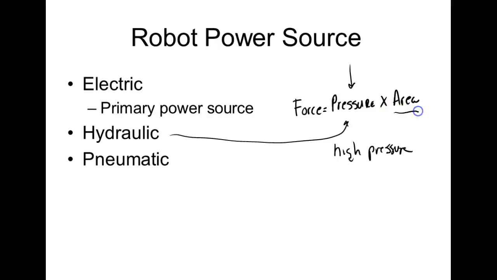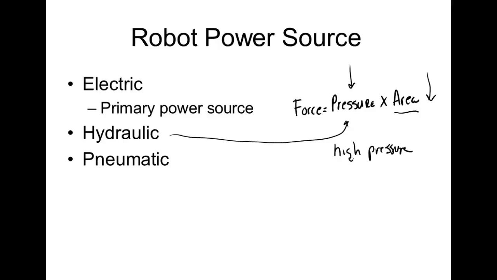That means the actuator's area can be smaller to produce the same force, right? What's nice about hydraulics is the size of the actuators. I could generate the same force with pneumatics. It's just that the actuators would have to be what? Real big. Right? Y'all understand?